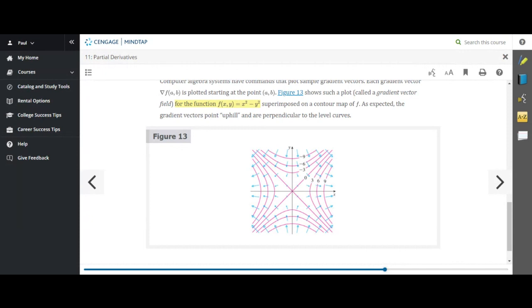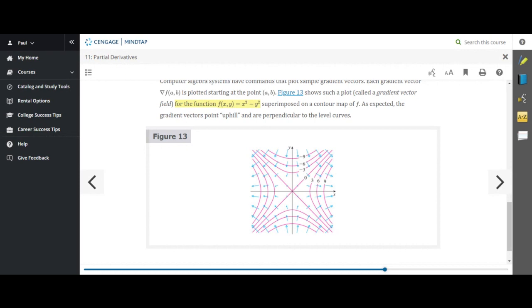if you move along the x-axis to the right, is the surface increasing or decreasing? So it's increasing. Starting at the origin, moving in the direction of the positive x-axis, what's happening to the gradient vectors?